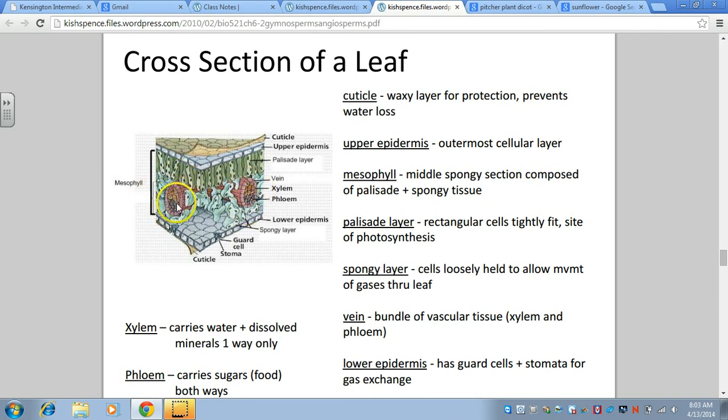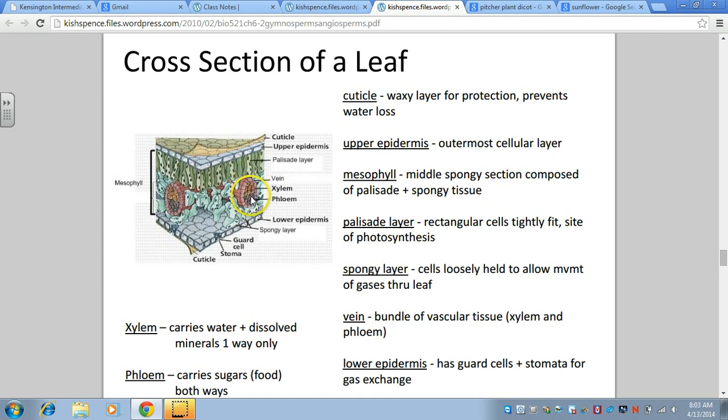So that is a bundle of vascular tissue, the conducting tissue. And there are two types: xylem and phloem. And I wouldn't necessarily expect you to be able to tell which is which on the diagram, because it'll be black and white, and it's hard to tell unless you have a higher level understanding about them.